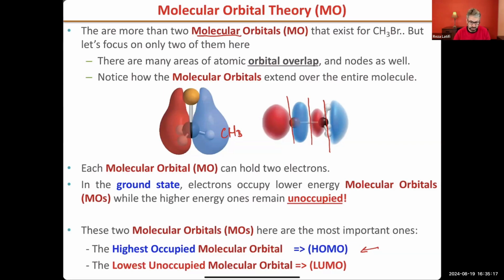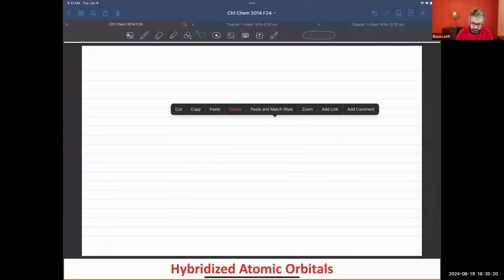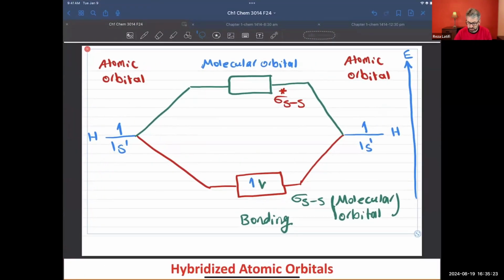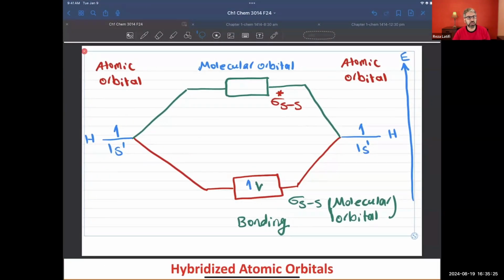Let me show them on the diagram that we practiced for the hydrogen molecule. We practiced this one last time. This is the molecular diagram for H2. We have two hydrogen atoms reaching each other, two atomic orbitals reaching each other, giving us two orbitals: the bonding sigma SS orbital and the sigma star orbital.